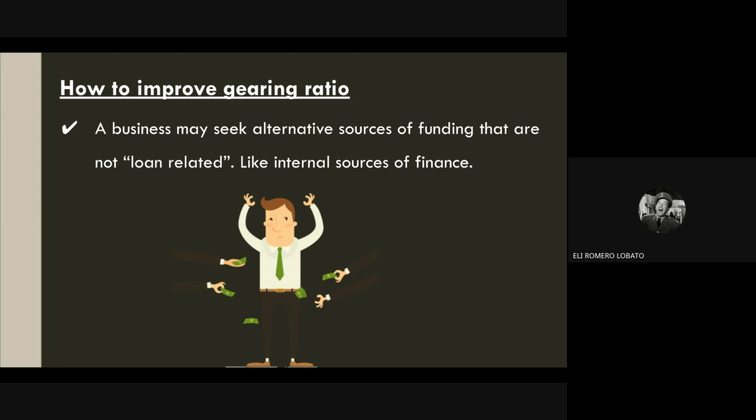As a conclusion, it's not uncommon for businesses to rely on external sources of finance, such as medium to long-term loans, to fund their operations, growth, or evolution. However, debts need to be managed efficiently.